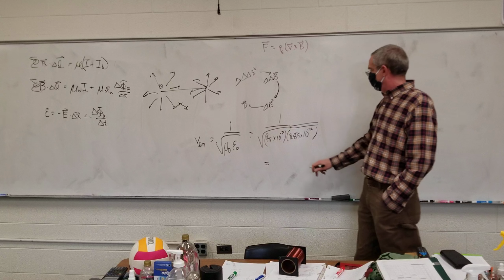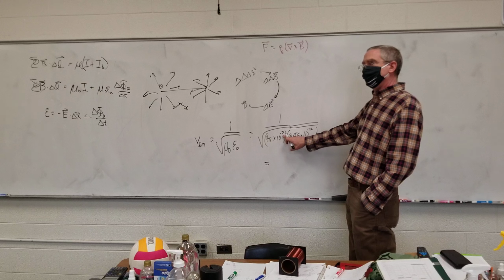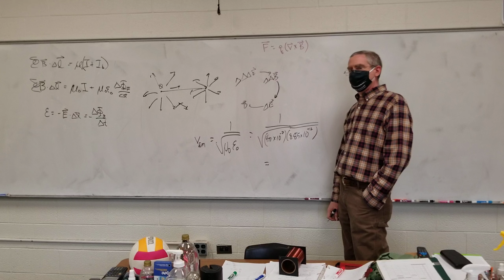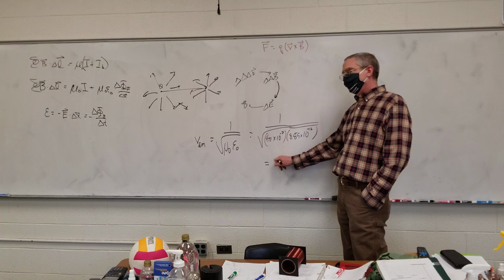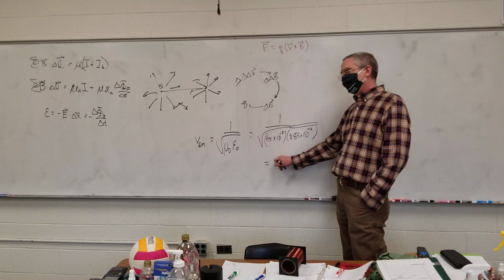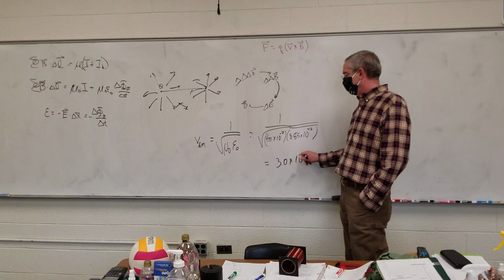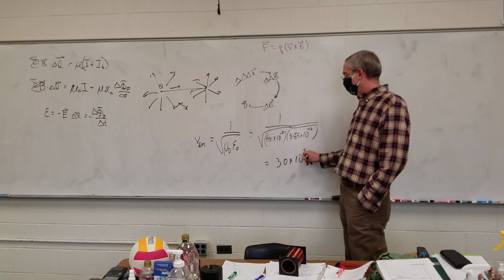Negative fifth? Here, where are you looking? Yeah, right there. That's negative 7. Is it a really large number? What do you get? We'll call it 3.0 times 10 to the positive 5, 6, 7, 8.